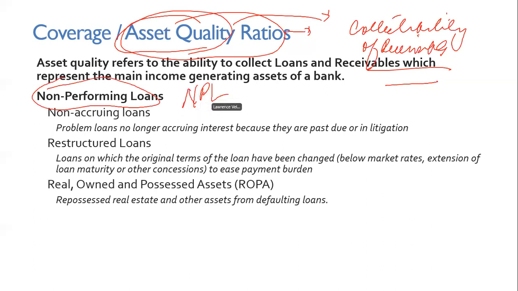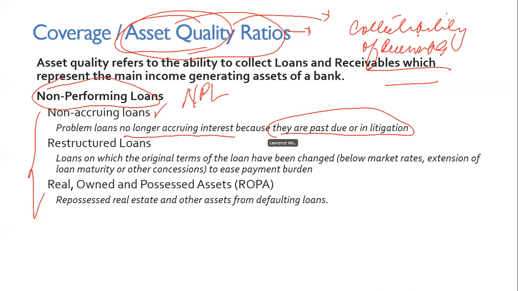Okay? When is a loan reclassified as an NPL or non-performing loan? If it is non-accruing. No, it's no longer accruing interest because they are past due or in litigation. Okay? Hindi na nag-accrue ng interest receivable or ng interest income because past due na, hindi na talaga nagbabayad or under dispute na yung loan.